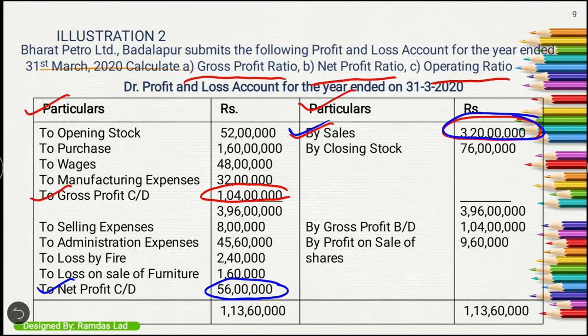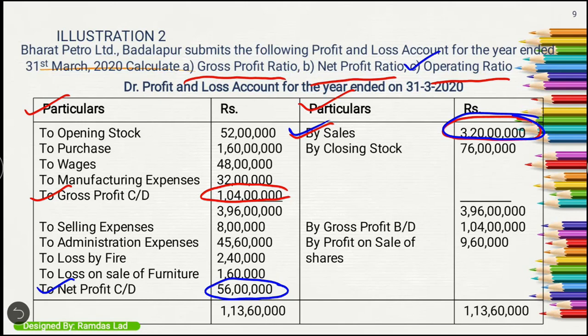By using this, we can calculate net profit ratio. Now the operating ratio. How to calculate operating ratio? Operating ratio is equal to cost of goods sold plus operating expenses divided by sales.